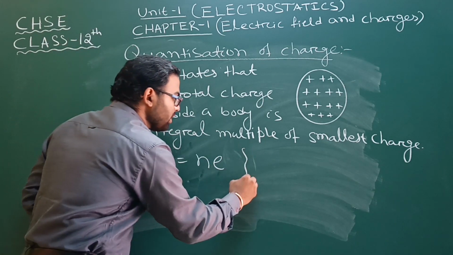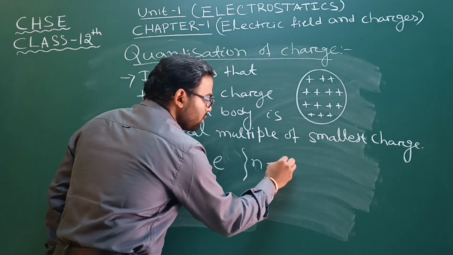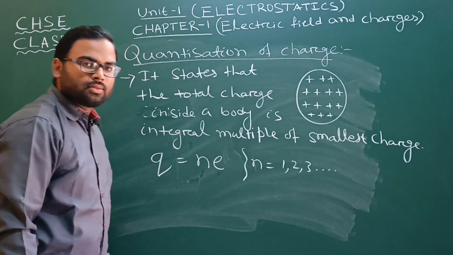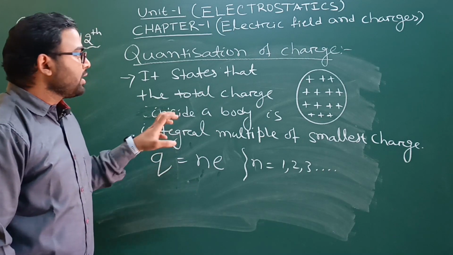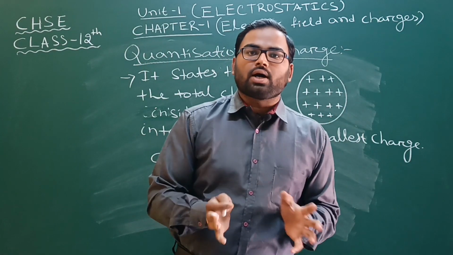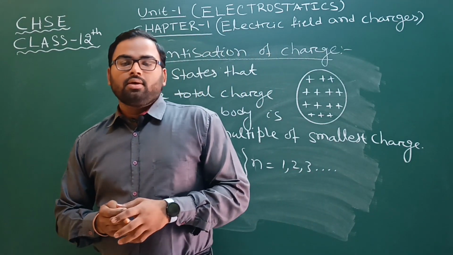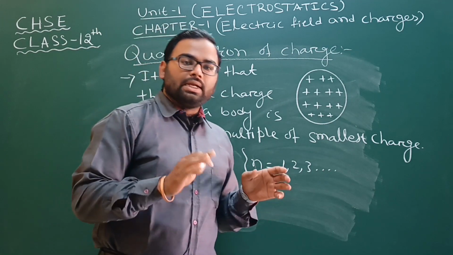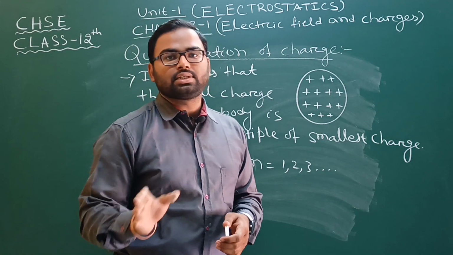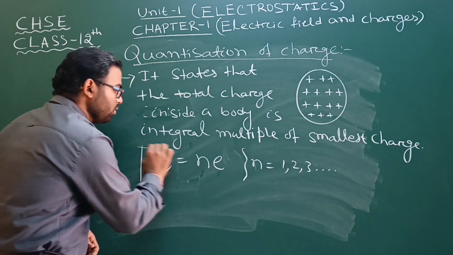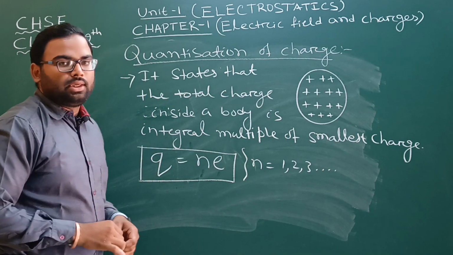So, what is the value of n? n will be equal to 1, 2, 3 up to infinity. So, quantization of charge is, if we want to calculate total charge inside a body, then we can say that the total charge inside a body is the integral multiple of smallest charge, that is electron, and the formula is Q is equal to ne.